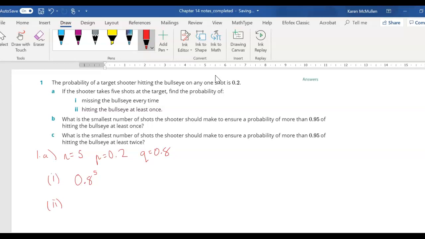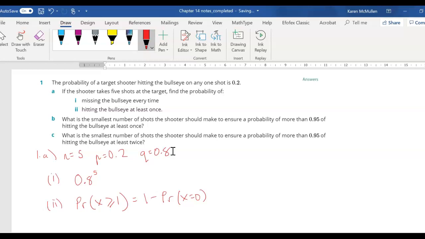Part 2, hitting the bullseye at least once. We want the probability that X is greater than or equal to 1. That is equal to 1 minus what we don't want, so 1 minus the probability that X equals 0. Then you can just do that on your calculator.